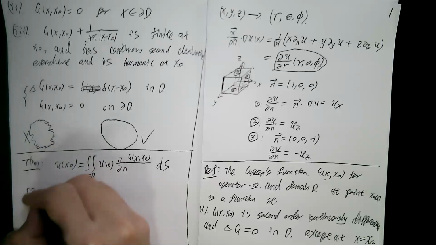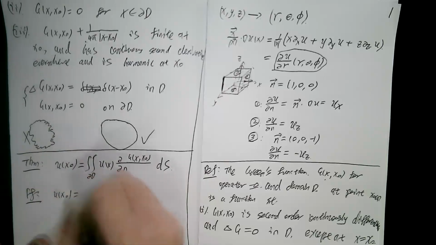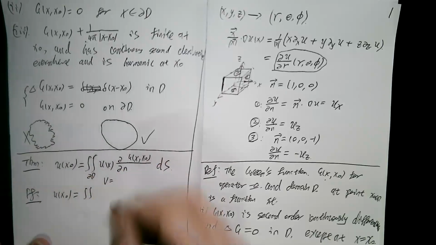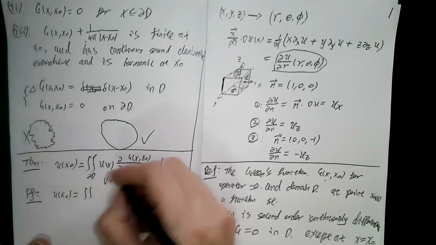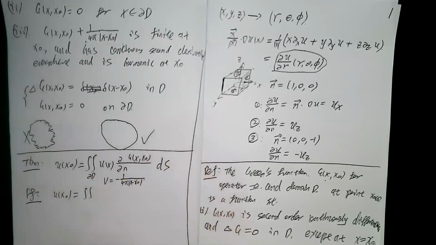The proof is very short, so I would like to just write it. You know that we have the representation formula. Let V equal minus 1 over 4 pi |x minus x0|, just for simplicity.